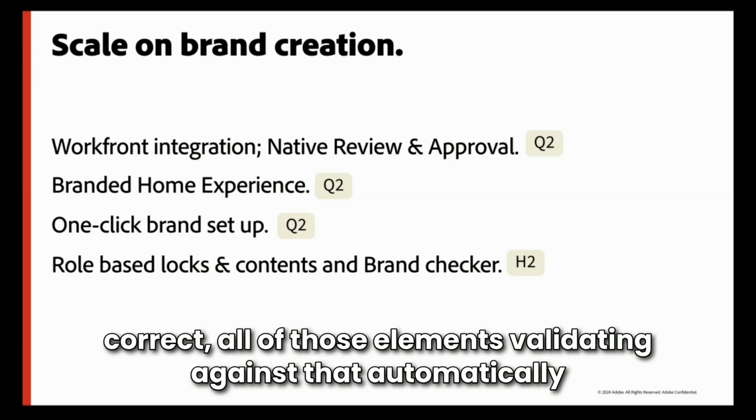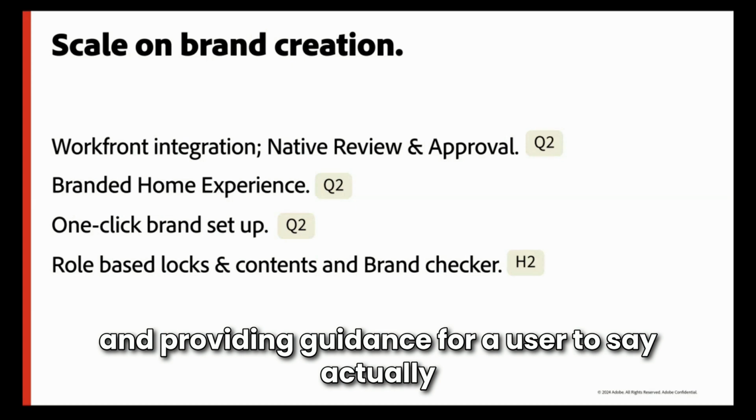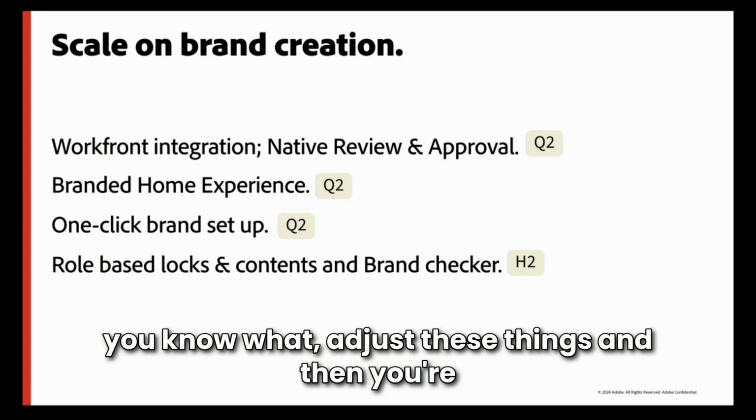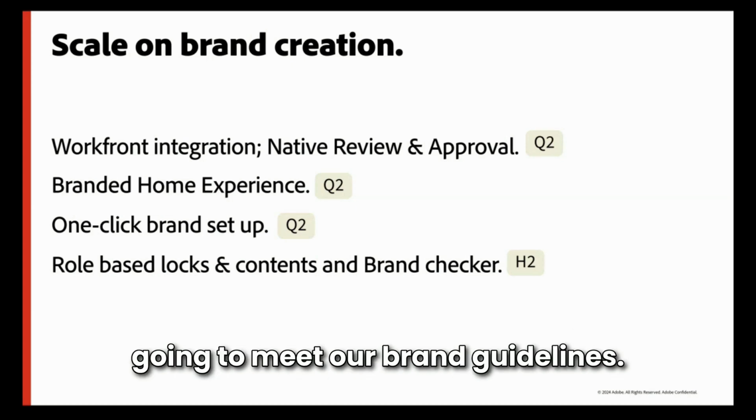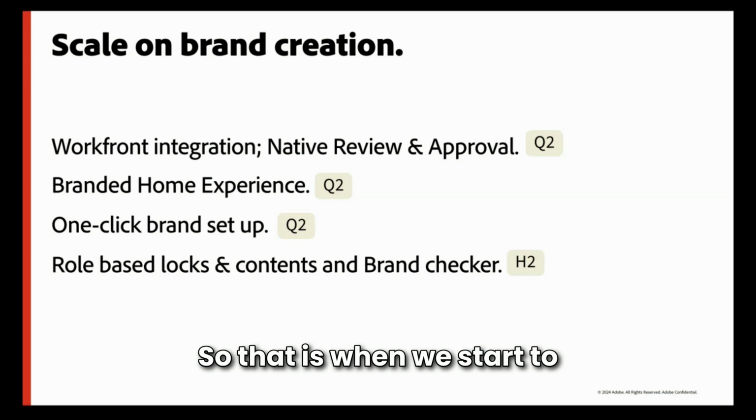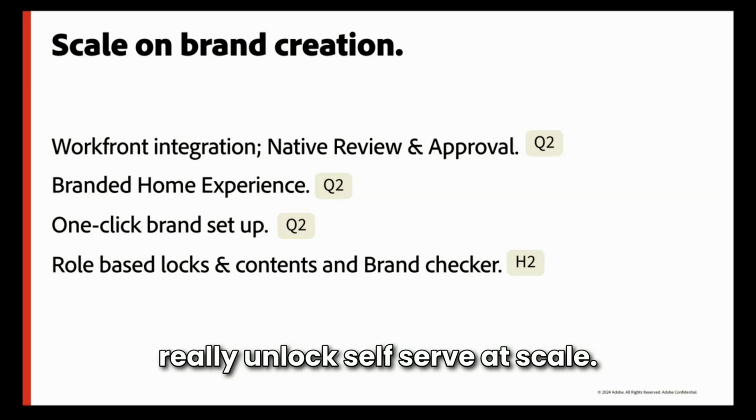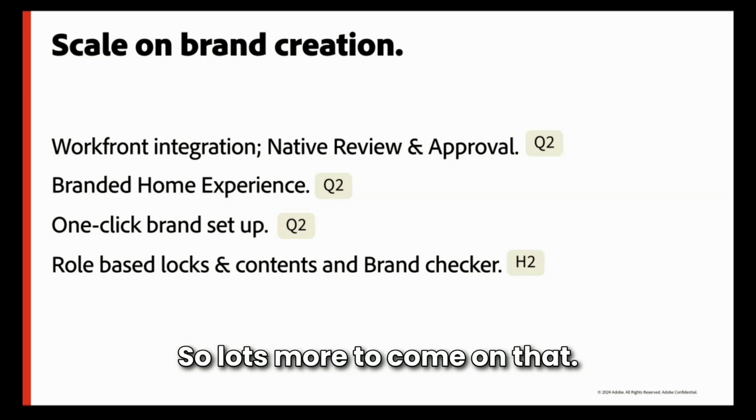All of those elements are validated automatically, providing guidance for a user to say, actually, adjust these things and then you're going to meet our brand guidelines. So that is when we start to really unlock self-serve at scale. So lots more to come on that.